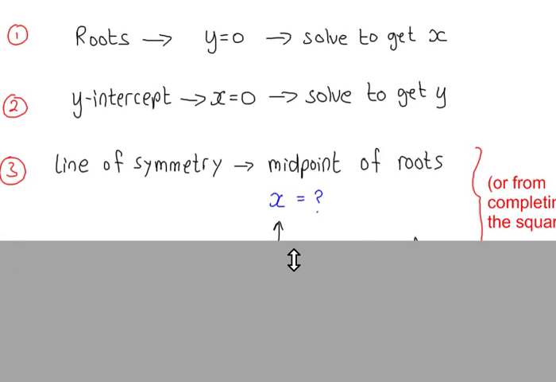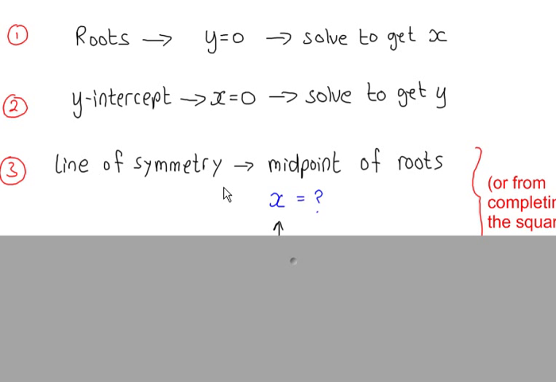And the line of symmetry is typically the midpoint of the roots. And if you have no roots, then use the completed square form for the equation of the curve, and from there you can work out the line of symmetry quite easily.